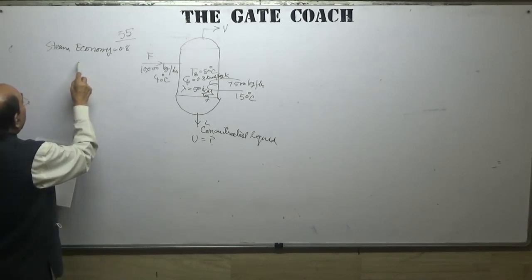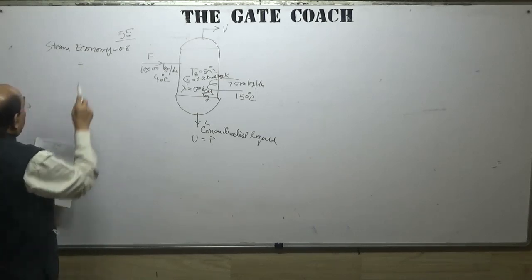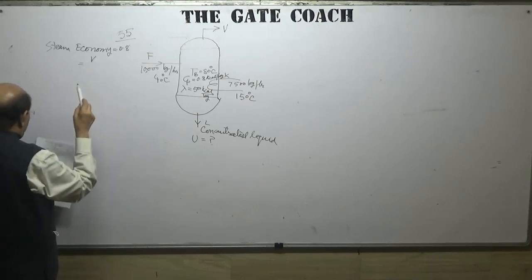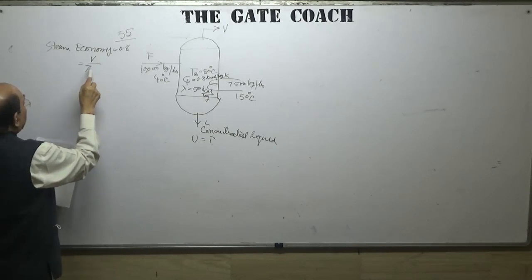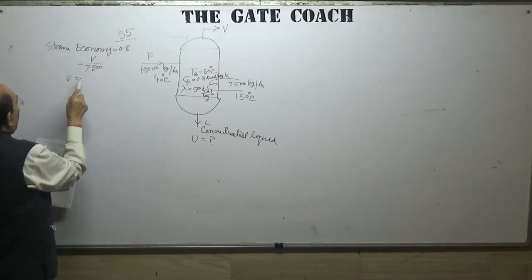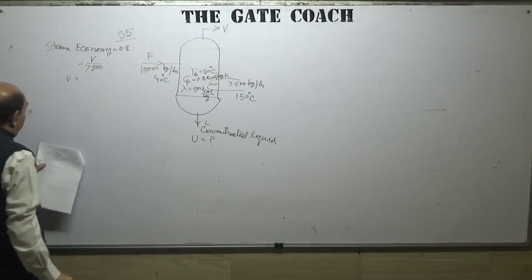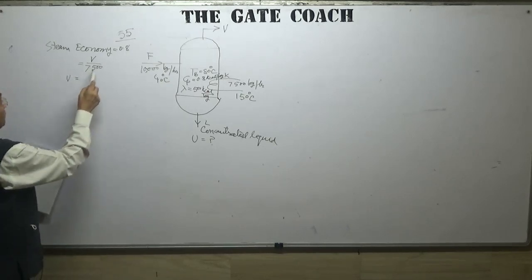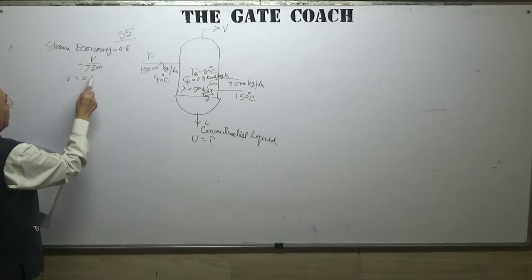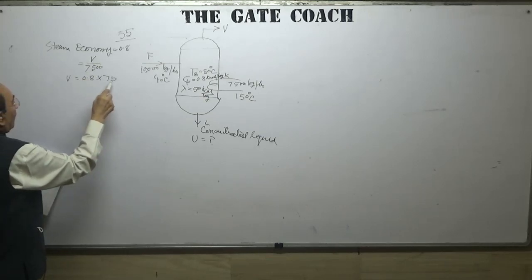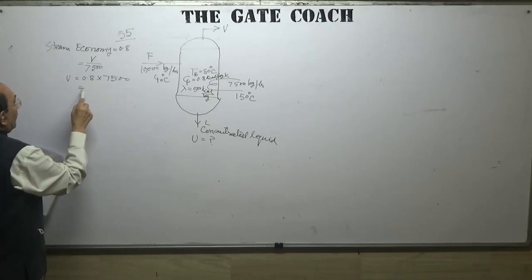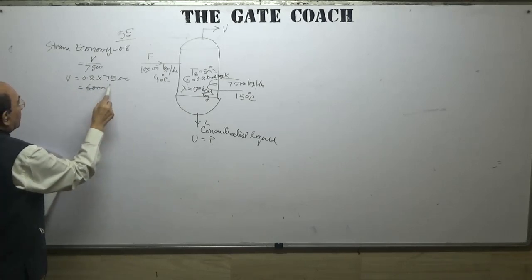Now this 0.8 is the amount of the steam produced divided by the amount of the steam supplied. So from here we get the value of V as 7500 into 0.8. That means 6000 kg per hour.